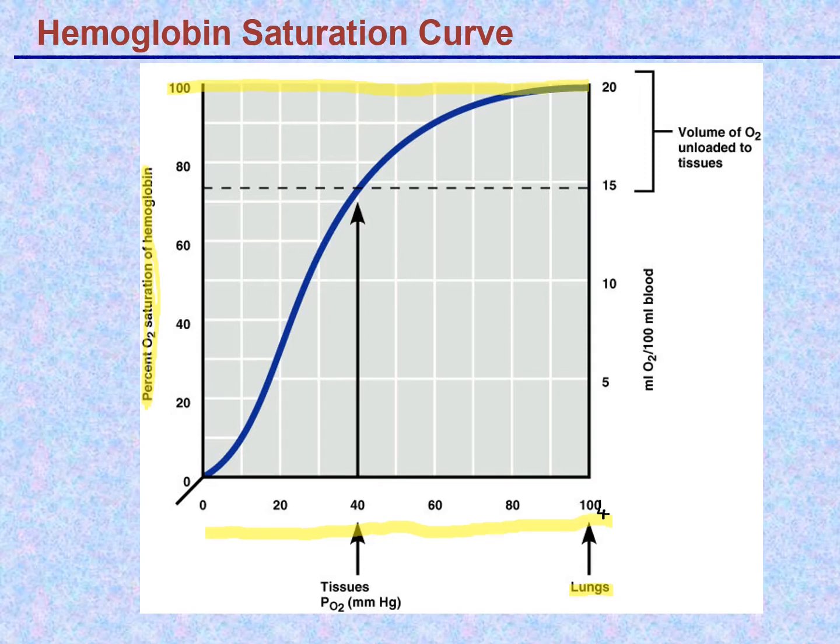When it gets to the tissues, the hemoglobin is suddenly exposed to surrounding tissue with a PO2 of 40. The blood is carrying a PO2 of 104, and it gets exposed to that tissue PO2 of 40. So it will release oxygen because it can't stay fully saturated.